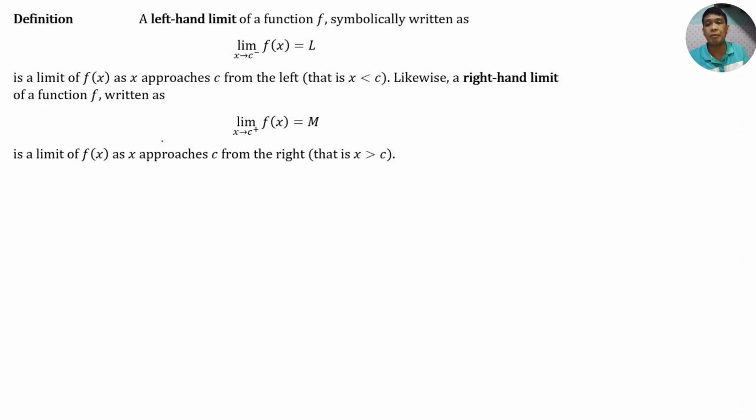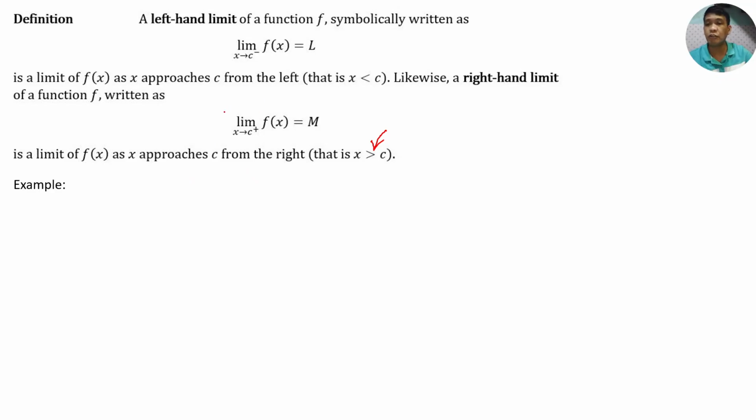Likewise, the right-hand limit of the function written as limit of f of x as x approaches c plus, coming from the right, is M, is the limit of f of x as x approaches c from the right. So that is for x is greater than c.